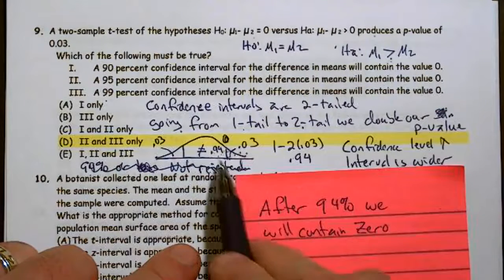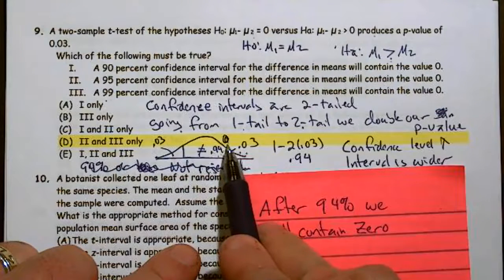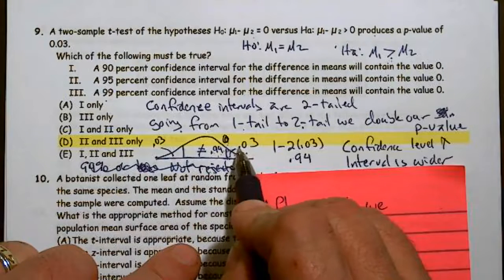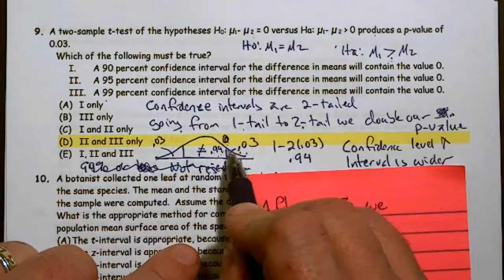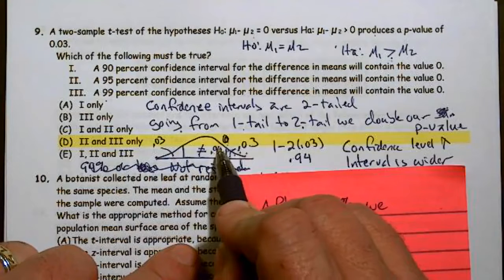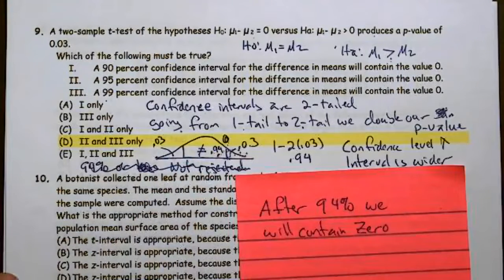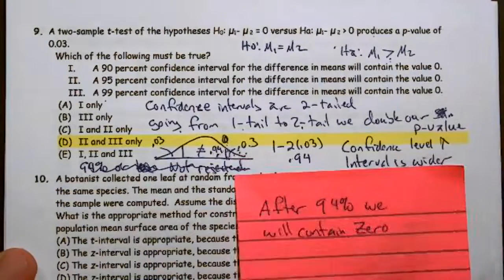I'll say that again, that's important. 0 existed here. If we go further out, our p-value gets smaller, then all of a sudden it contains 0. So anything 94% or less does not contain 0. Anything greater than 94% does. I apologize for the stumbling around.